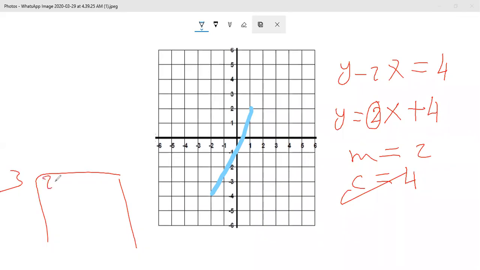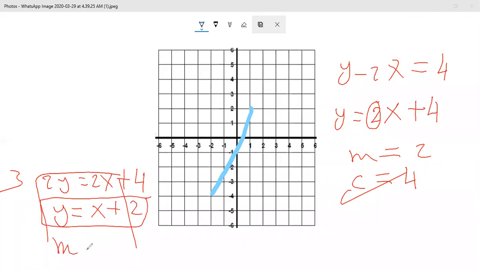He said 2y equals 2x plus 4. What will I do? Divide by 2. You are true, excellent. So I'll divide by 2. It will be y equals x plus 2.